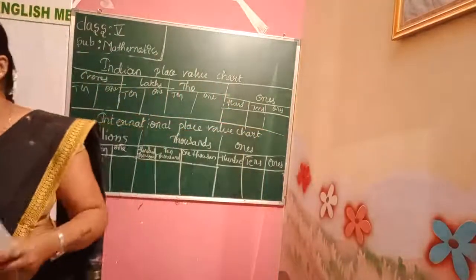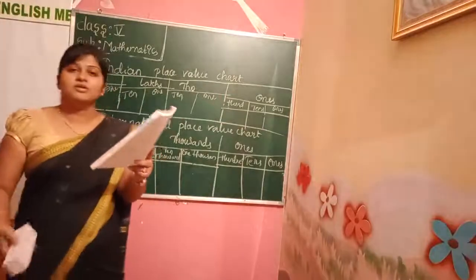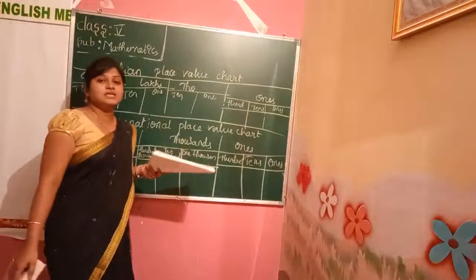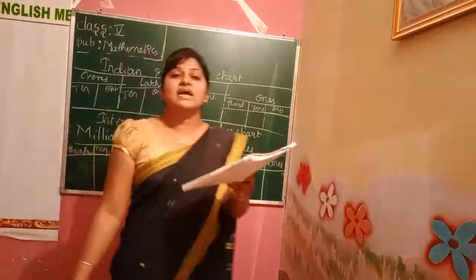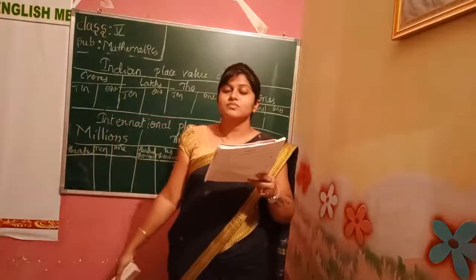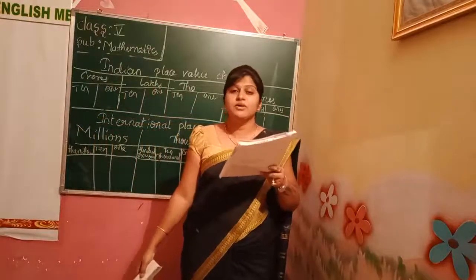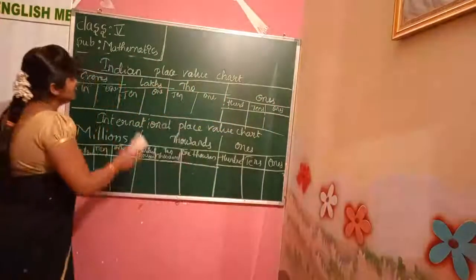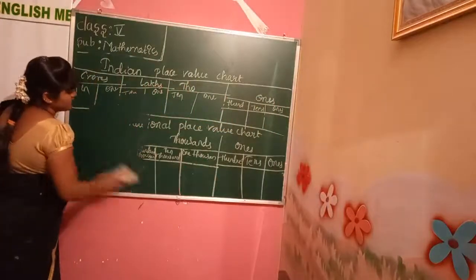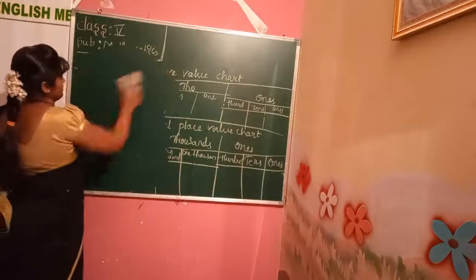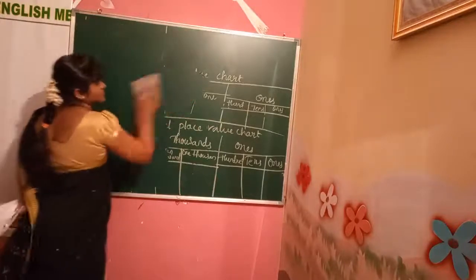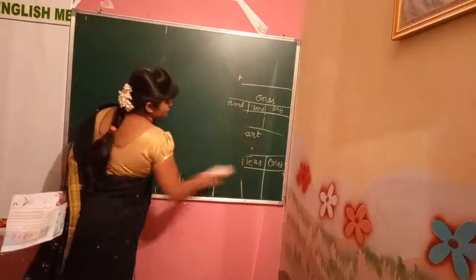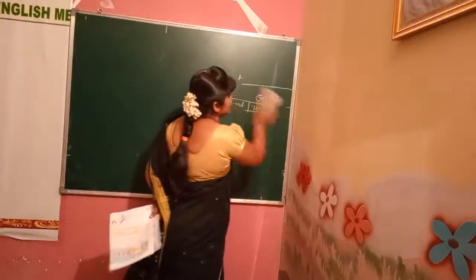Using this international place value system, we write the number names and the numbers, both. Understood the difference between the international and the Indian?